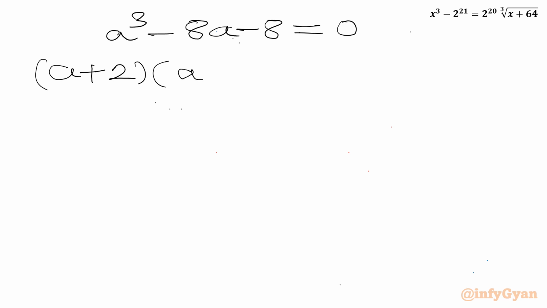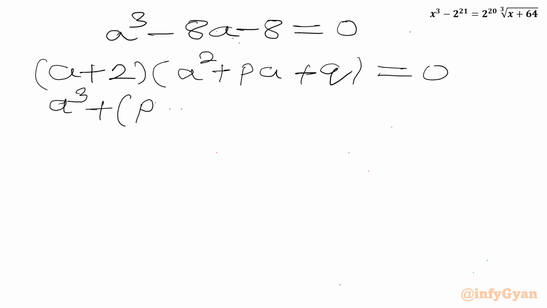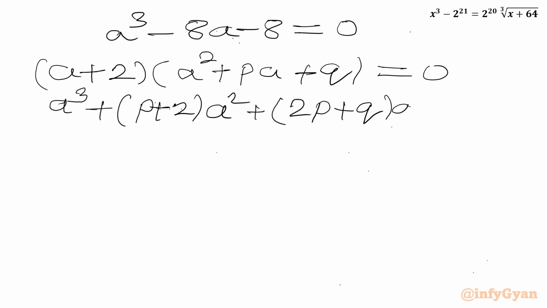It will be a square plus pa plus q equal to 0. Now I will consider the product. So I can write here a cube plus (p plus 2) times a square plus (2p plus q) times a plus 2q equal to 0.